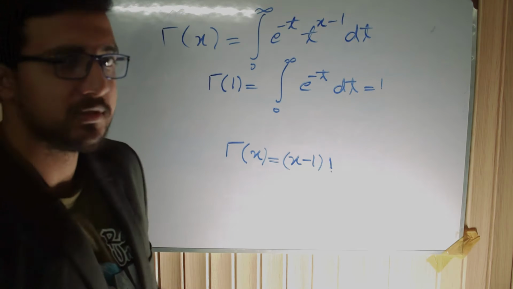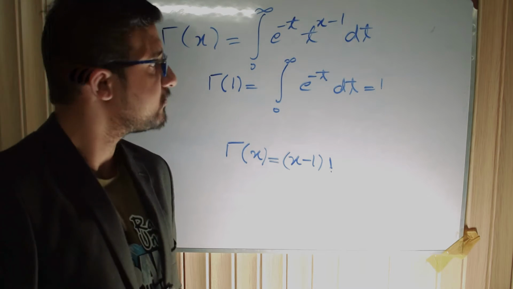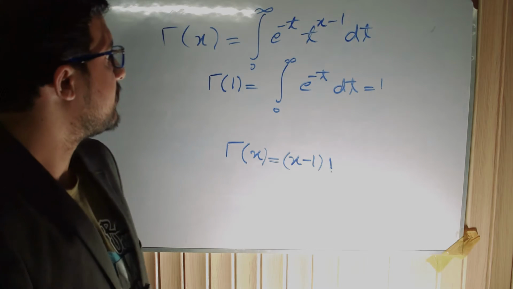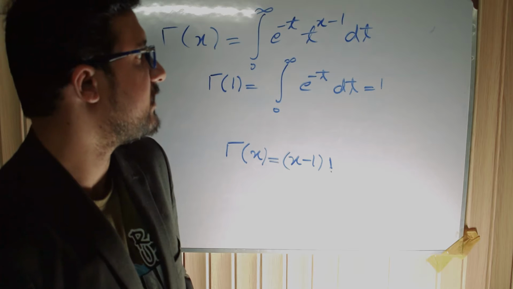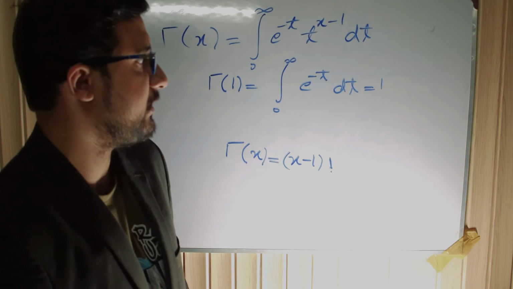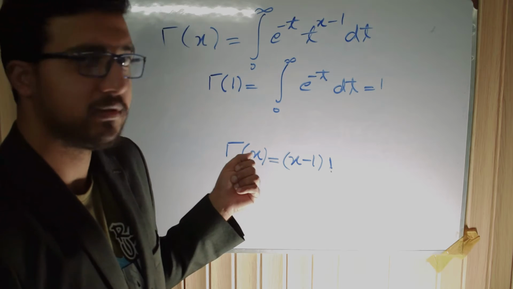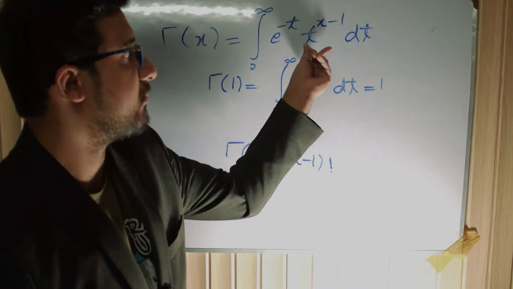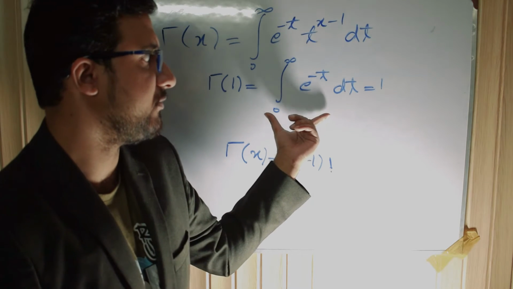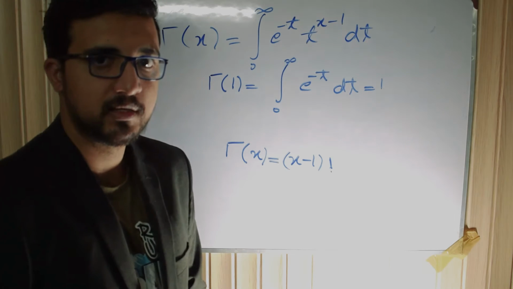So this is our gamma function, which is also known as the generalized factorial function, and gamma of x is equal to the integral from 0 to infinity of e to the power minus t, t to the power x minus 1, dt. If we put x equal to 1 here, we get 1 minus 1 equal to 0, this term vanishes, and we get only this integral, which is equal to 1.